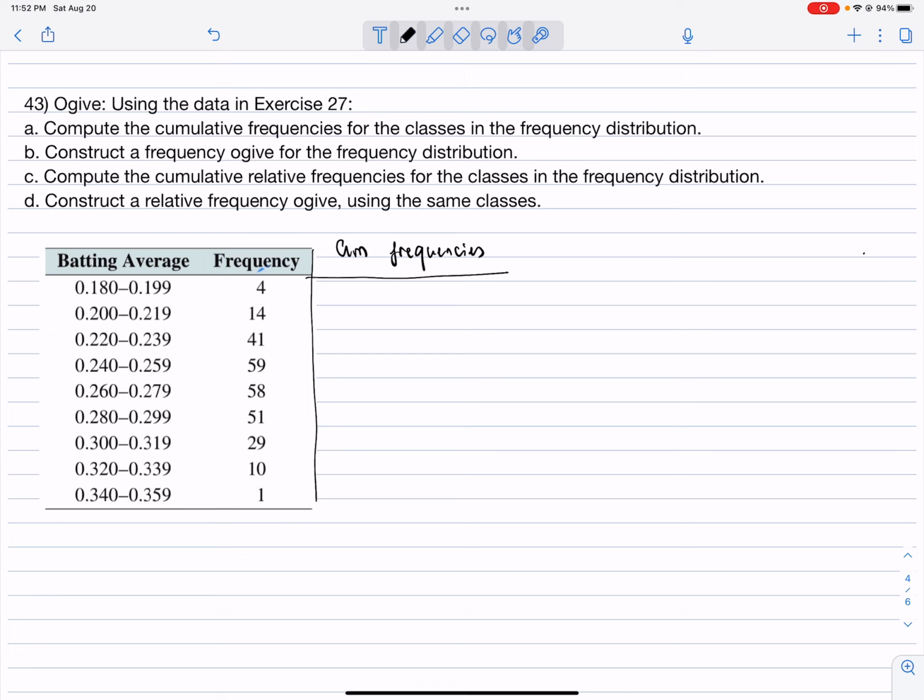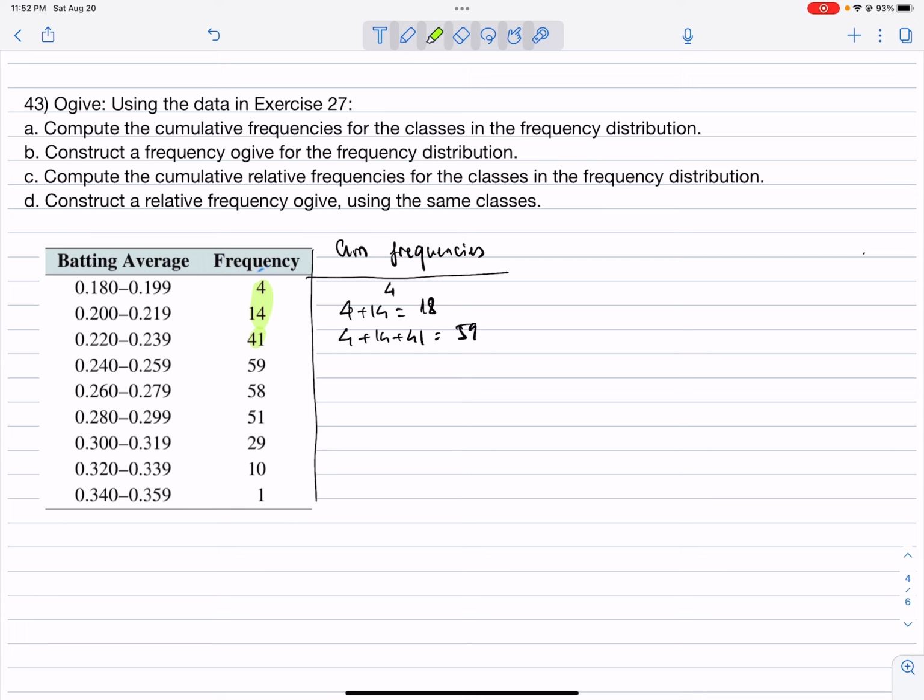So what we do is, first is 4. This is the frequency number. So first one is 4. The next one we will add 4 and 14. So we got 18. And then the next one we will add 41. So 4 plus 14 plus 41, we will get 59.